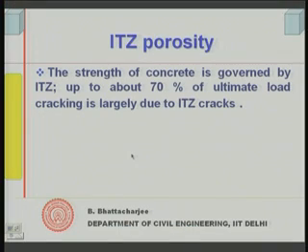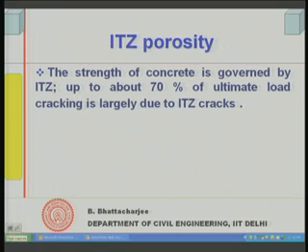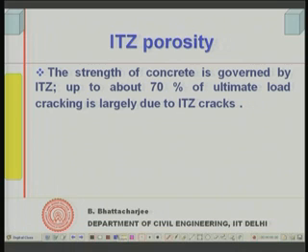Now, let us see about interfacial transition zone. We said this is almost like another kind of phase. As has been observed, in case of concrete, strength of concrete is governed by ITZ more than the strength of the paste, because I mentioned that the fracture or crack initiates from the interfacial transition zone, the boundary between the paste and the aggregate, right.